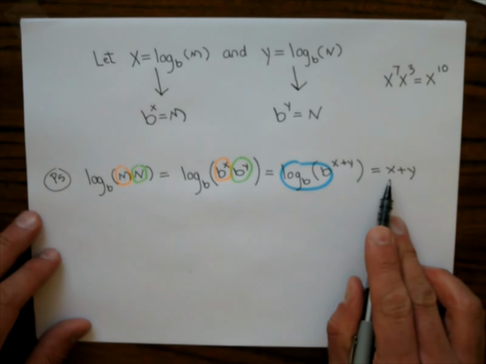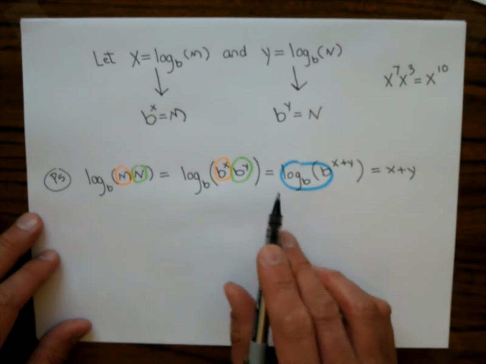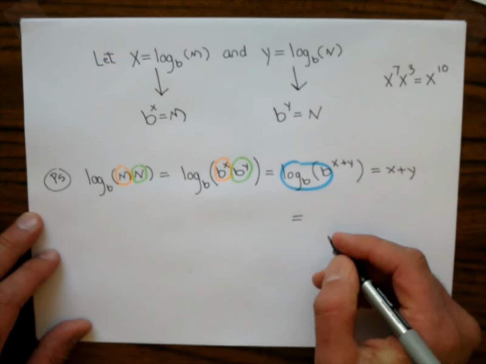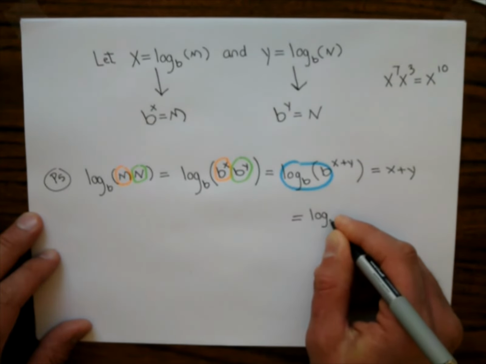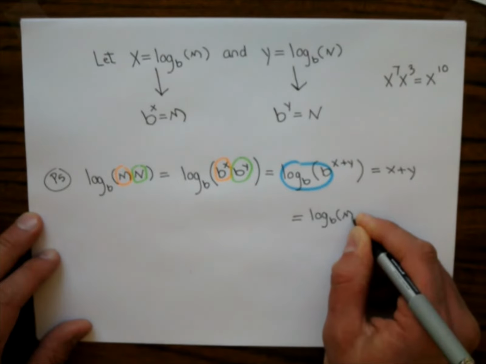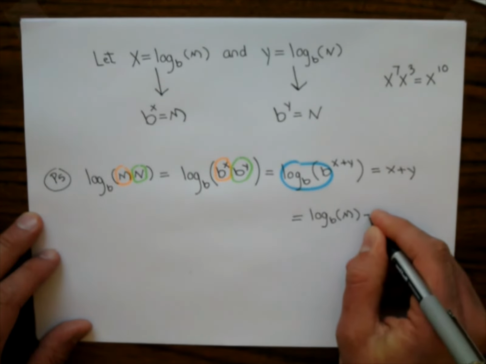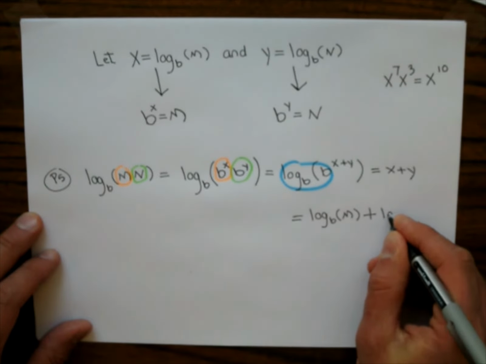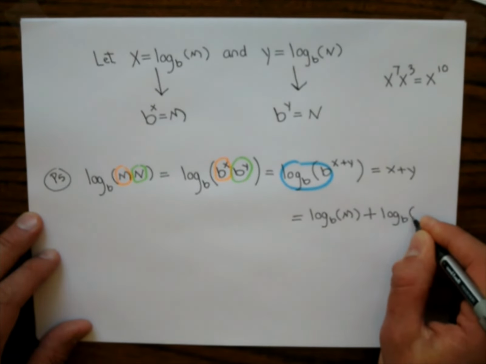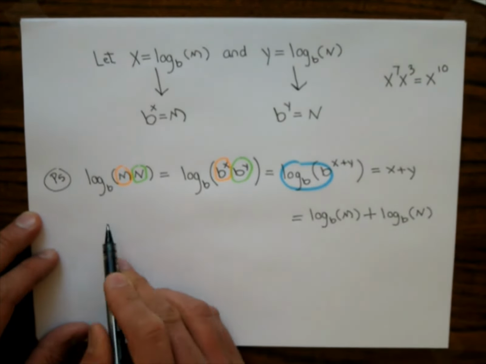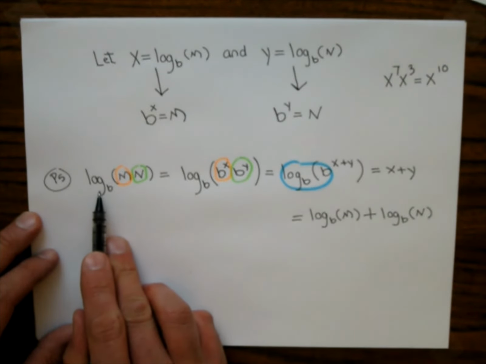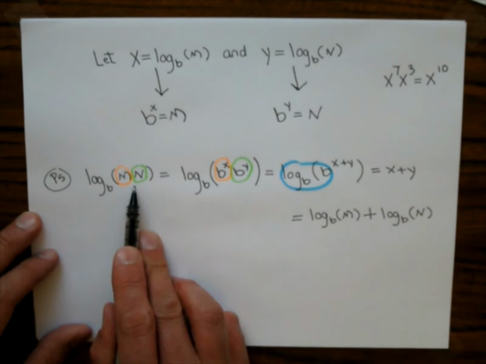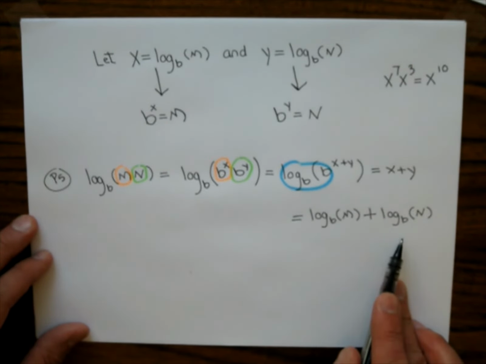But what is x? Look above and see what we see. X happens to be log base b of m, plus y, which is log base b of n. And so we've just proved property 5, that the log of this product is the sum of the logs.